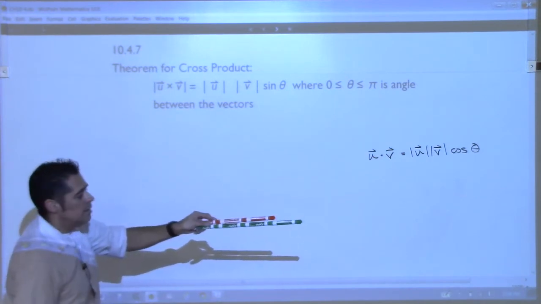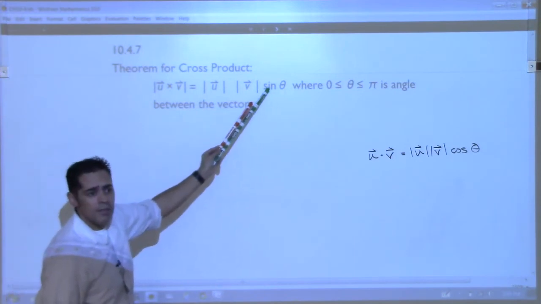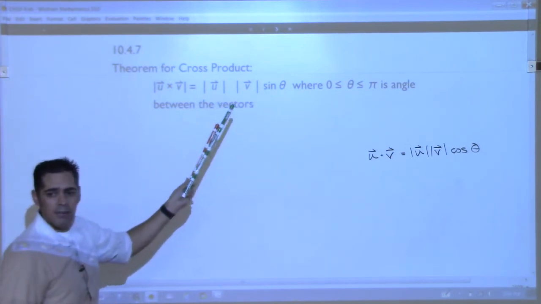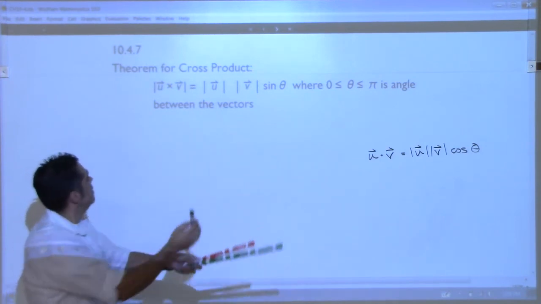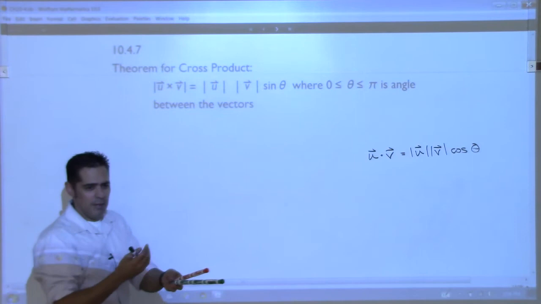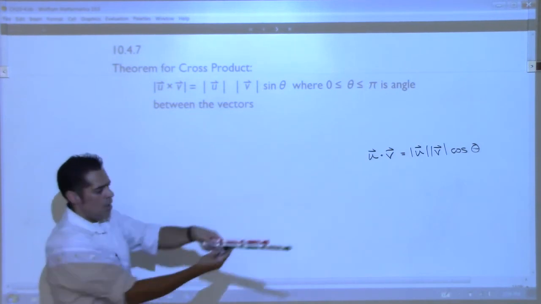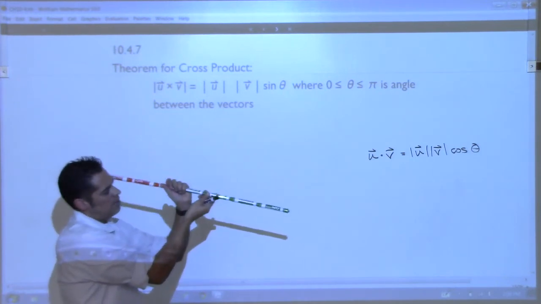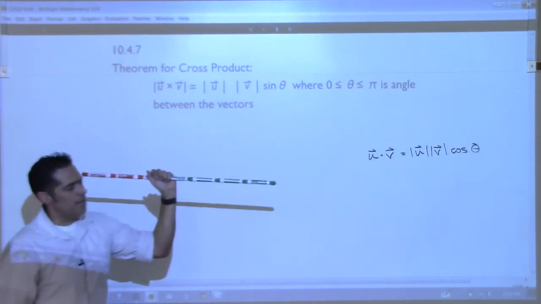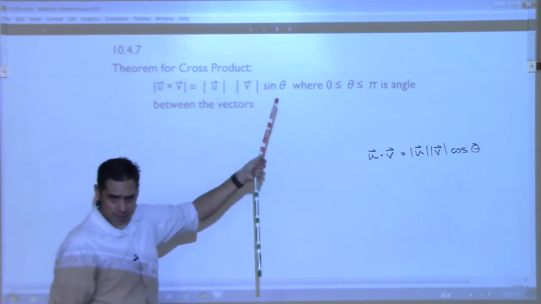Sine of 0 is 0, right? So the length of the cross product should be 0. Make sense? What if these two vectors are pointed in opposite directions? The angle between them is pi, and sine of pi is 0 still.